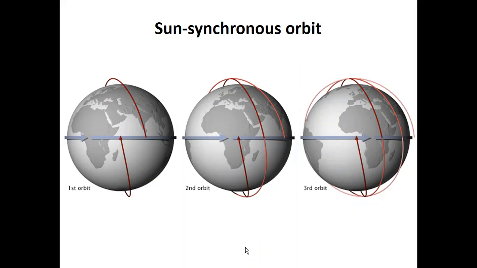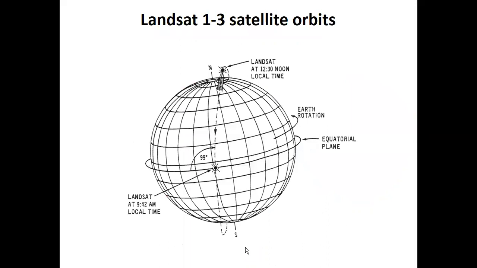For example, most Landsat satellites also have that type of orbit. The early Landsat satellite series, like Landsat 1, 2, or 3, usually crossed the equator at 9:40-42 each time. Each track, each pass over Earth on orbit, the local time of crossing the equator is the same.